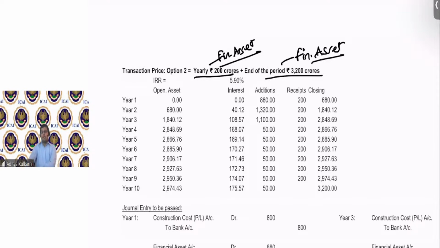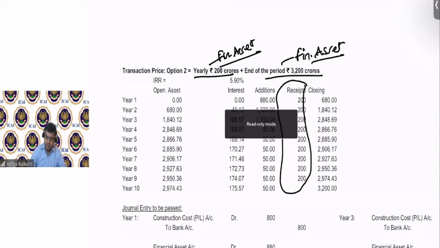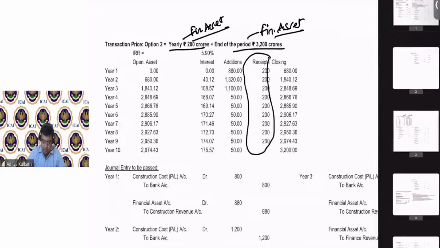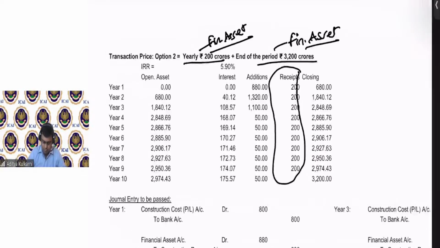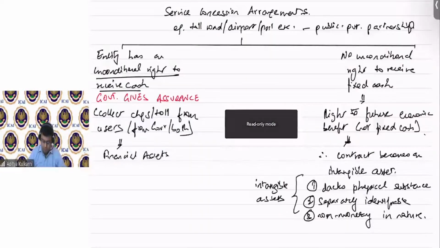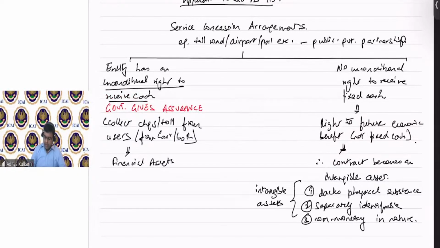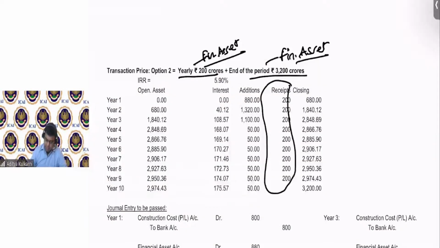And because these are defined amounts of cash, it becomes a financial instrument. Only thing is, in the loan amortization table, this is the new column that has been added. Are we clear with this? Yes. Okay, fine. And then the last one.